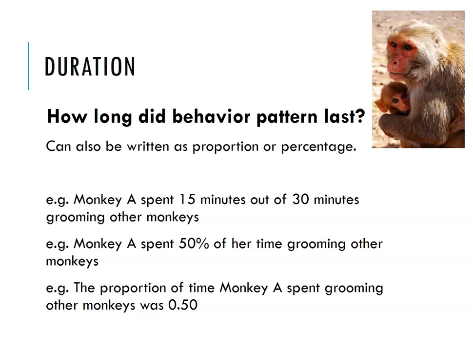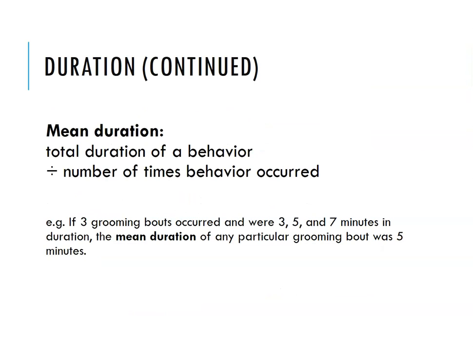This gives us a different perspective on a behavior. We can also look at the duration based on how many times the behavior occurred. So, looking at duration in terms of frequency of the behavior.